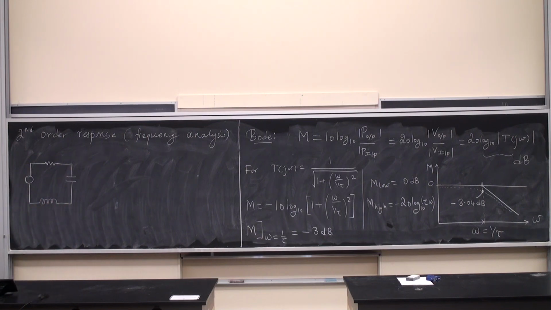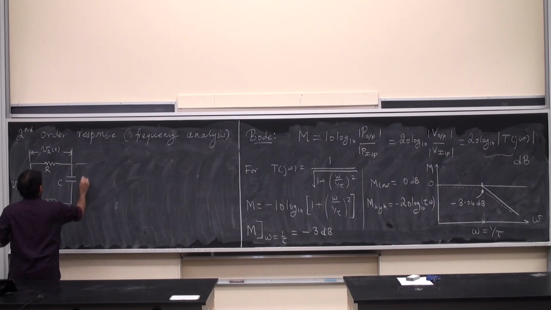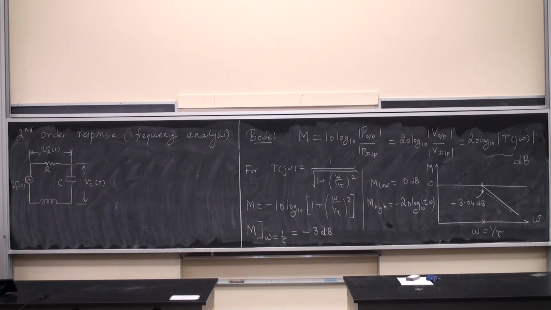Alright, so here I have an RCL circuit. This is Vs, the source, a sinusoidal source. That's why we are doing frequency response analysis here. Then I have VR of t across the resistor R, then the capacitor C with Vc of t.